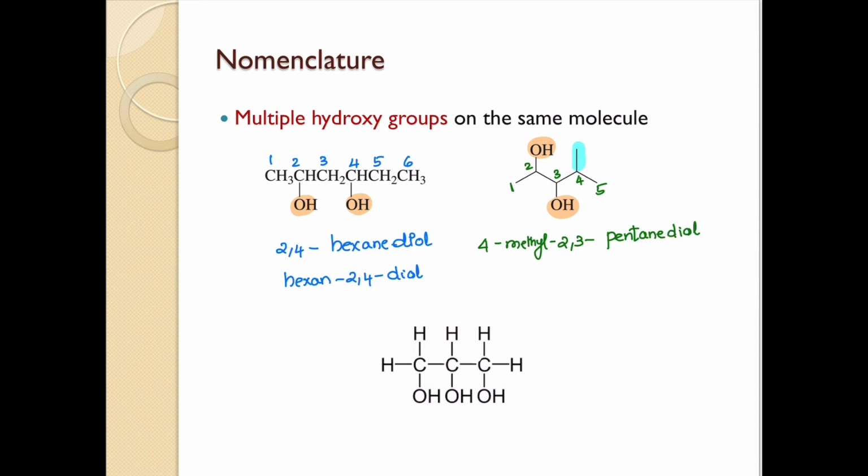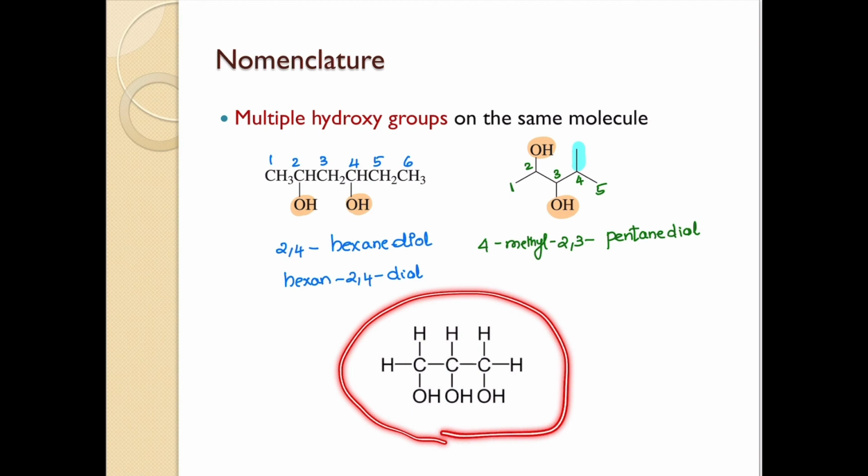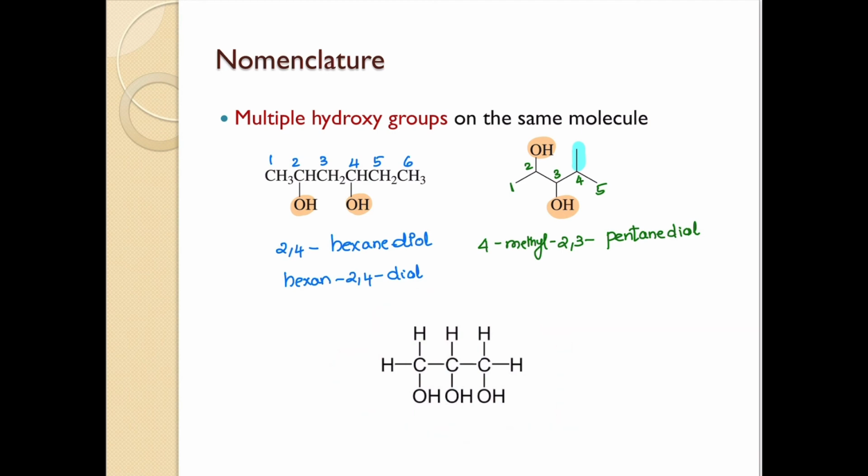Okay, let's identify the name for this molecule. This molecule has 3 hydroxy groups. So here are your 3 hydroxy groups. And therefore, by default, it's going to be triol because it has 3 hydroxy groups. You need to use the prefix tri. When you count the carbons, it's going to be 1, 2, 3. And you can also count in the other direction, 1, 2, and 3.